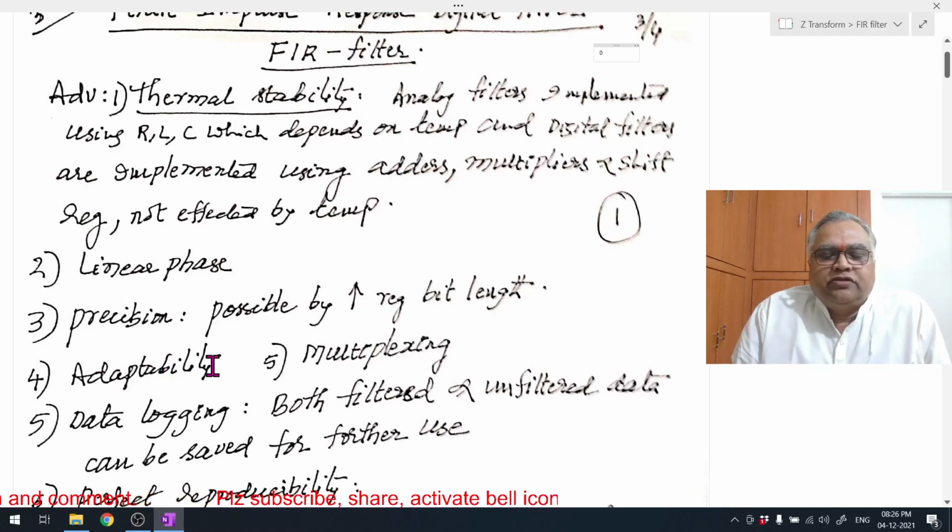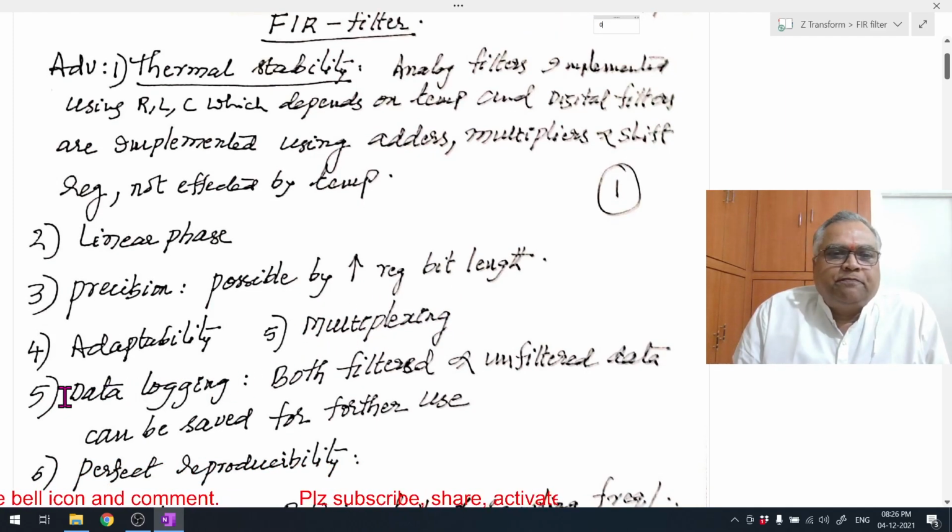Adaptability means whatever cutoff frequency we want can be easily changed in software programming. Multiplexing means many channels can be transmitted through the same wire. Many programs can be transmitted through a single cable. So multiplexing is also possible.